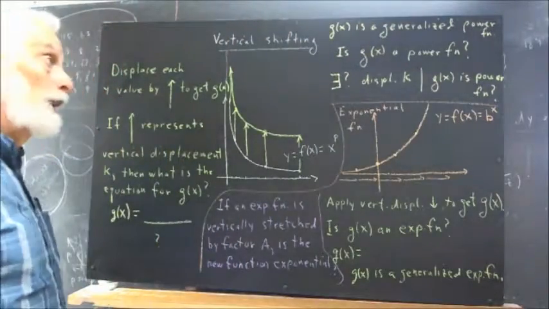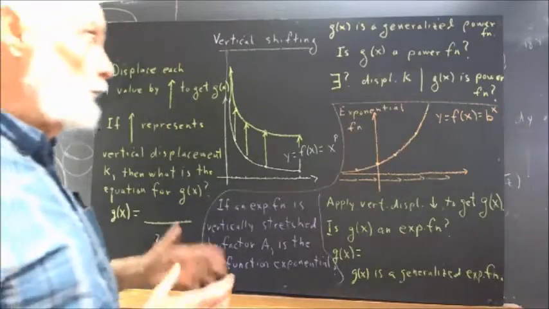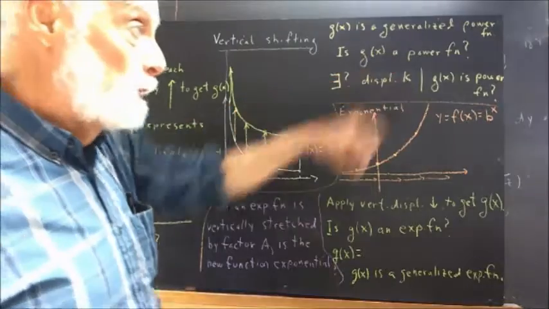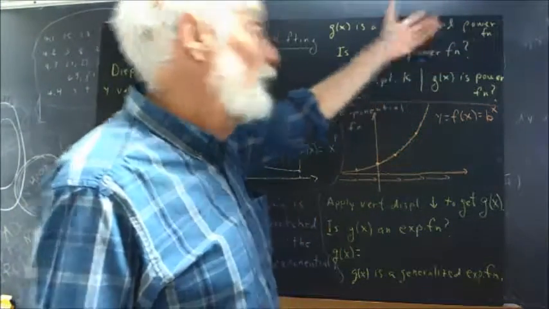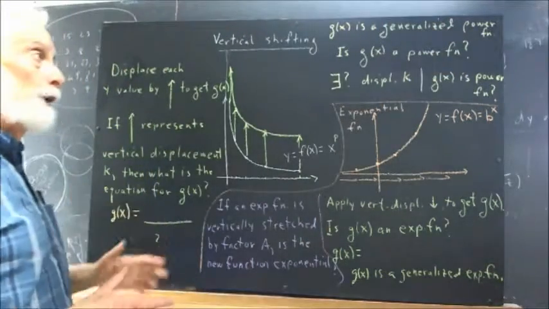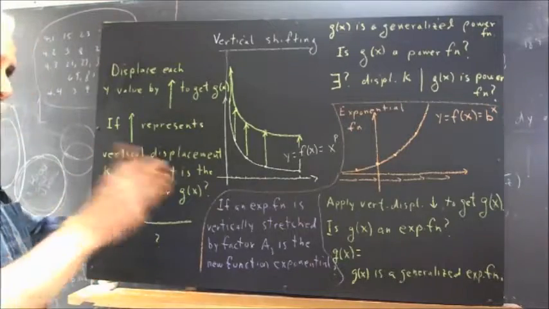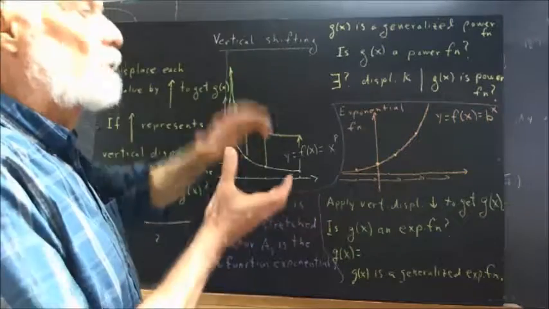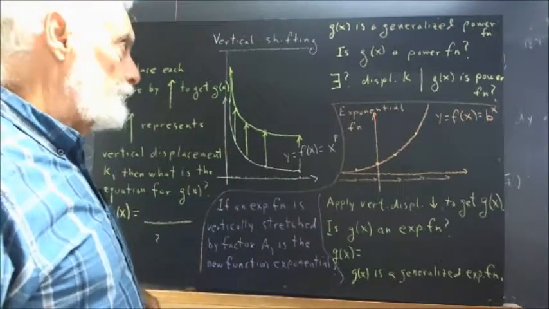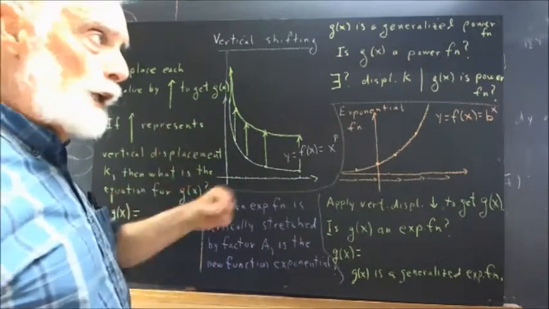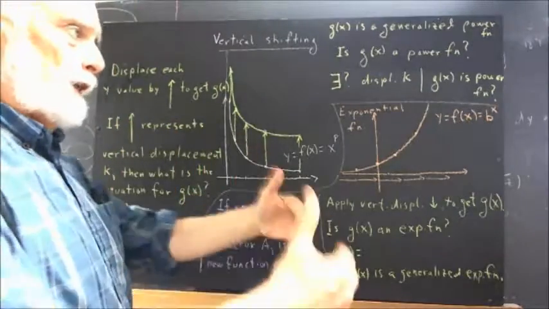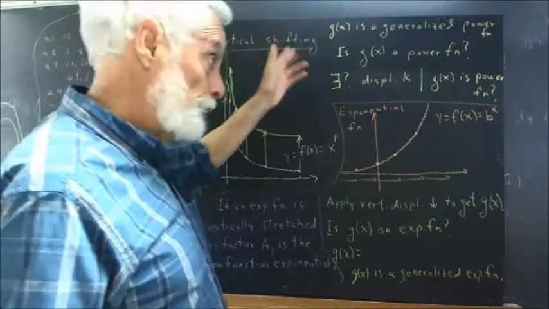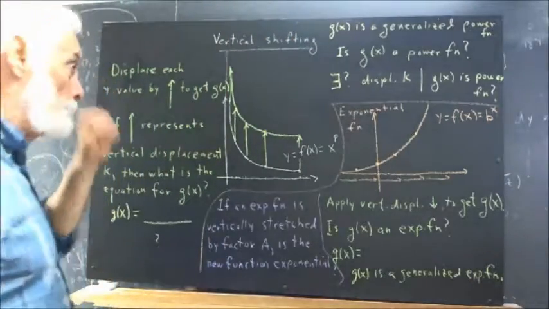By power function, I mean a function of the form y equals x to the p. That's what a power function is. A generalized power function has some extra stuff, but a power function is y equals x to the p, or a vertical stretch or a multiple of y equals x to the p. So it's y equals a times x to the p. Anything else is not a power function.